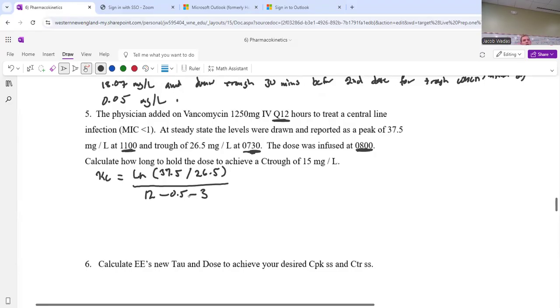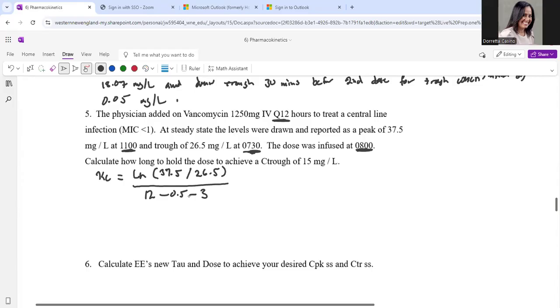I think the question asked how long it would take to drop down, and we only use one number, KE times e to the minus KE times 2 hours. To find KE, there's only one number at the bottom, the time difference.